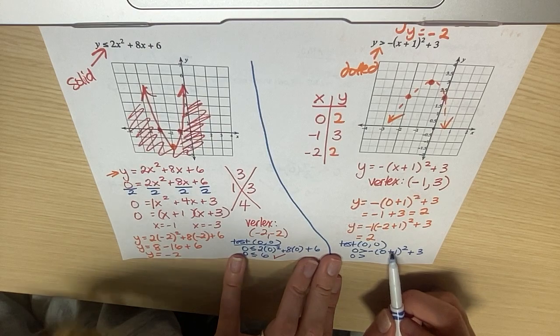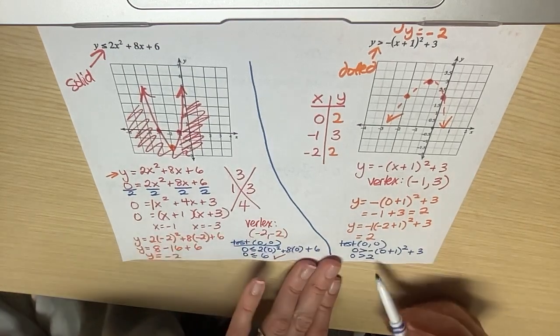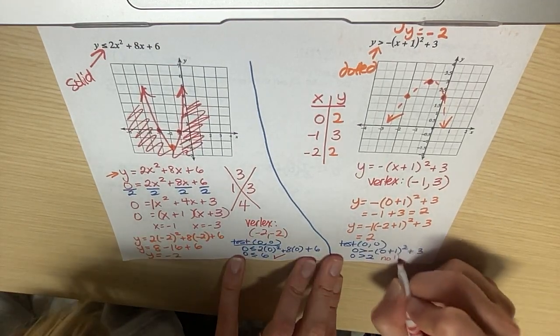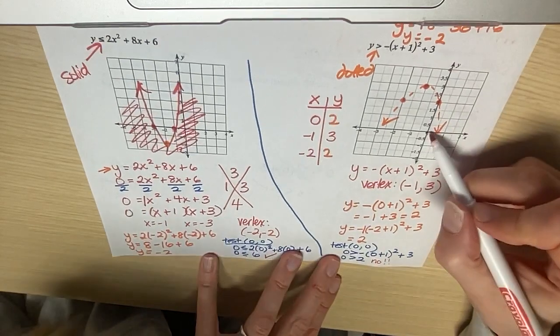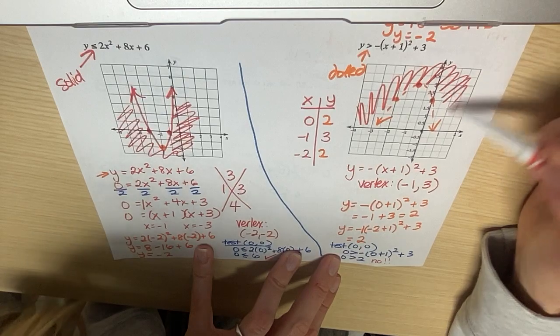So 0 plus 1 is 1. Squared is still 1. Now it's negative 1 plus 3 is 2. 0 greater than 2? The answer is no. So I'm not going to shade under this parabola. I'm going to shade above.